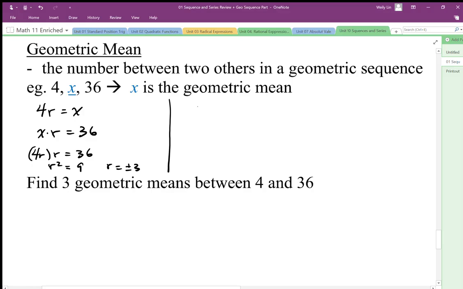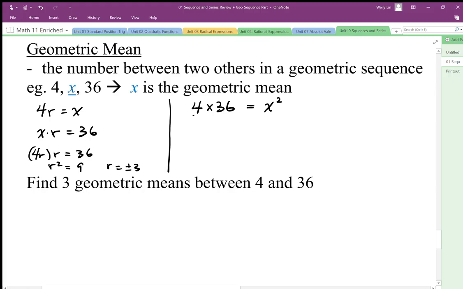So we have our outside numbers. We can multiply them together, and this ends up equaling x squared, because we need to undo this multiplication. We need to find the middle of multiplying two numbers.